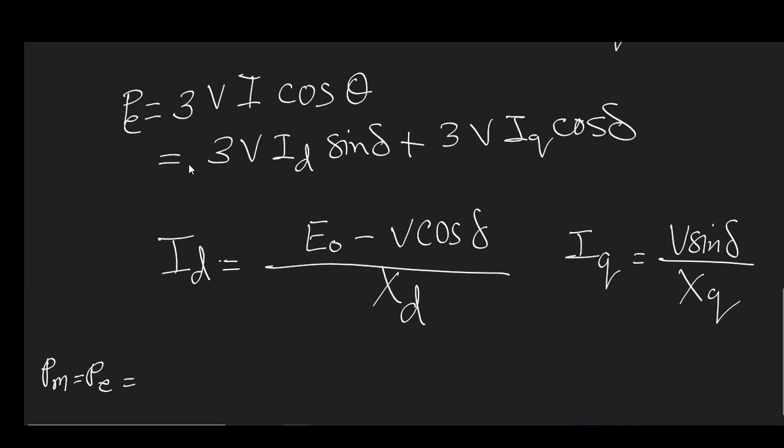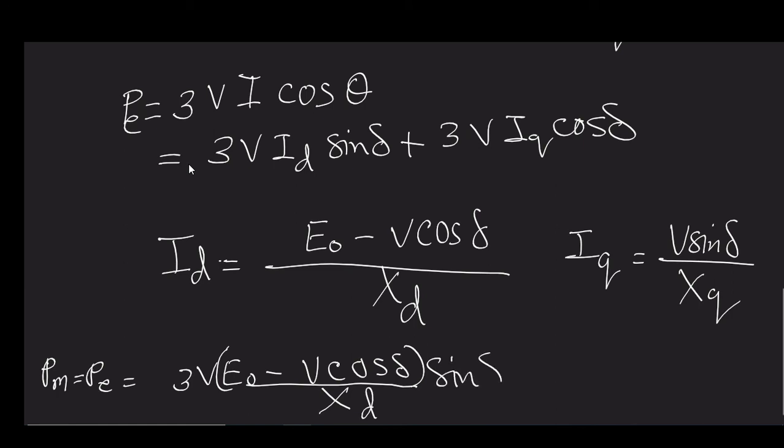It will become 3V E naught minus V cos delta by Xd, sine delta, plus 3V, V square sine delta by Xq. Correct.